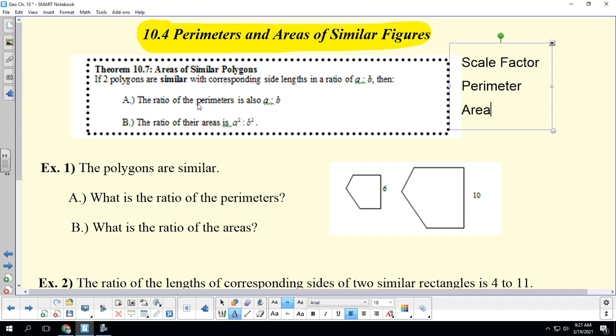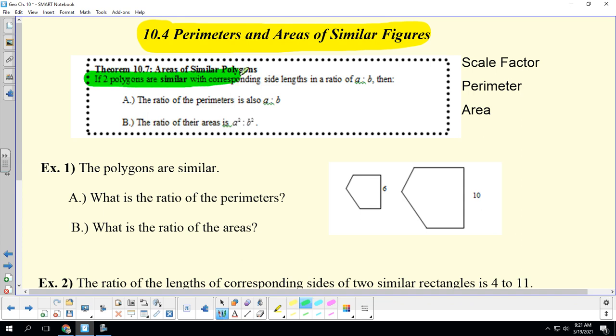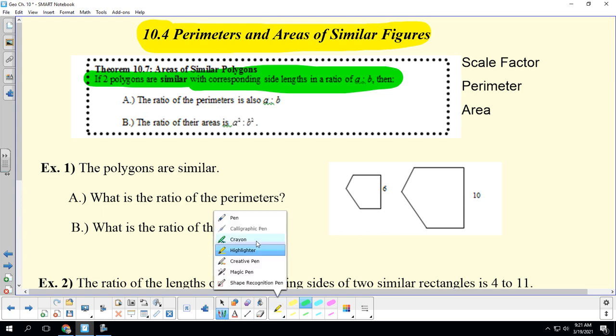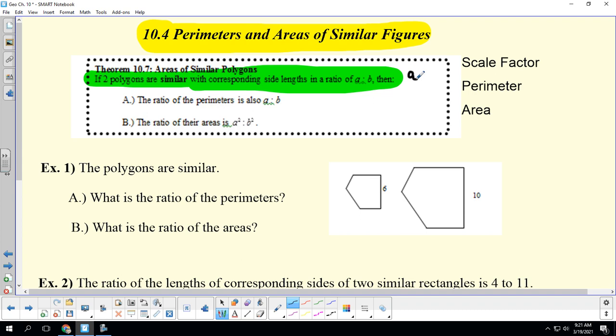So the ratio of your perimeters, let's go ahead and write this down. If 2 polygons are similar with corresponding side lengths in a ratio of A to B, if you want to write this instead of with colons, because we are going to use it more as fractions, you can write it A to B, which is the scale factor.